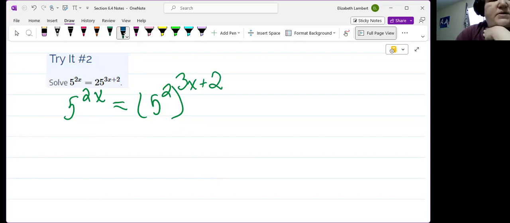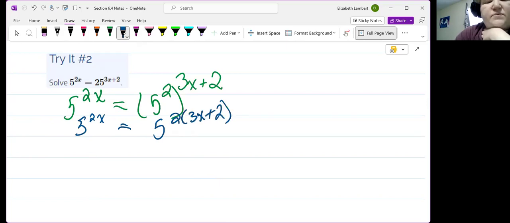So this will still be 5 to the 2x, and this one will be 5 to the 2 times the whole 3x plus 2.